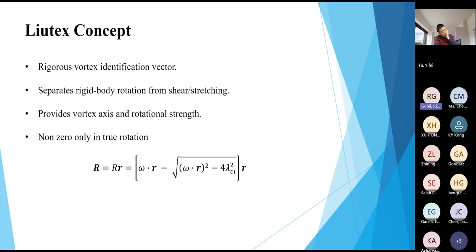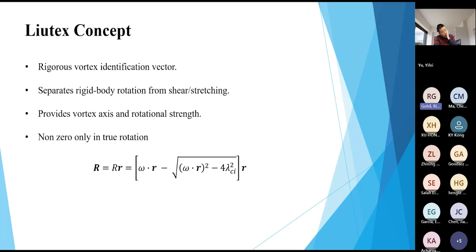The Liutex vector is defined as this, where R is the Liutex magnitude and this r is the eigenvector of the velocity gradient tensor. Omega is the vorticity vector and lambda ci is the imaginary part of the complex eigenvalue, representing the swirling strength.